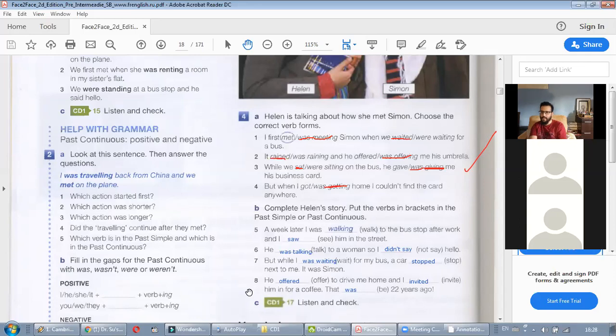He was talking to a woman, so I didn't say hello. But while I was waiting for my bus, a car stopped next to me. It was Simon. He offered to drive me home, and I invited him in for a coffee. That was 22 years ago.